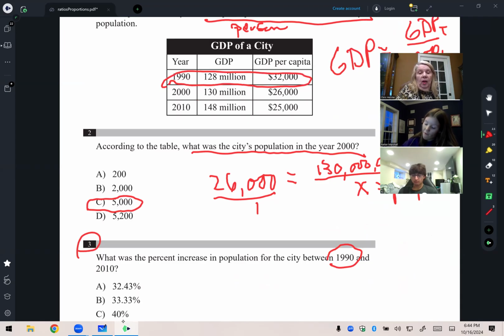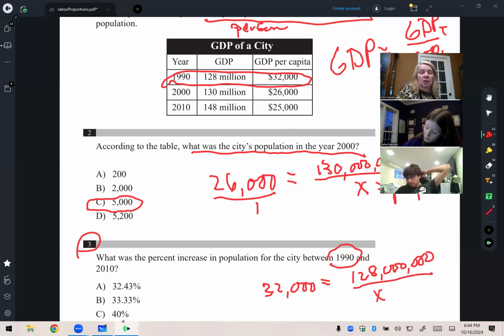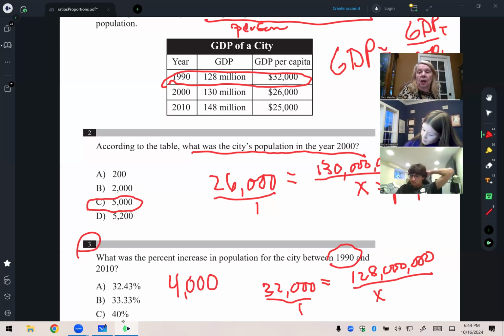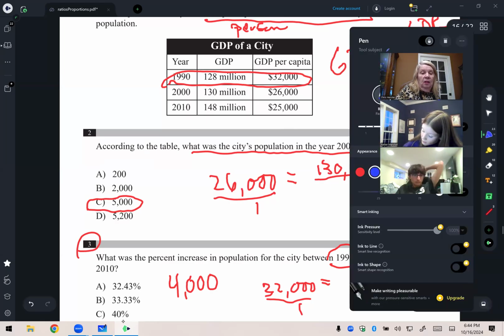So we have 32,000 equals 128 million over X, and we cross multiply, and we're going to get 4,000 people in 1990.